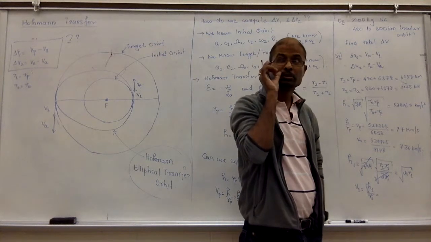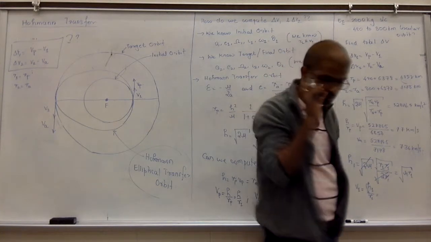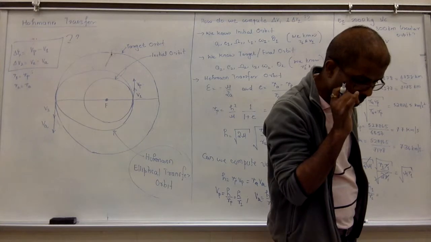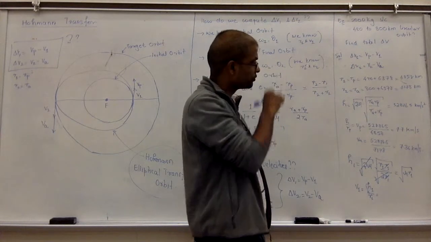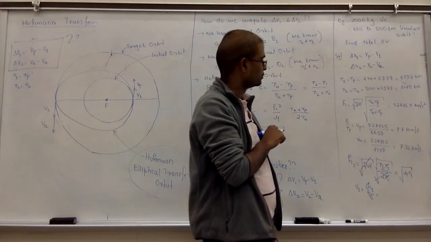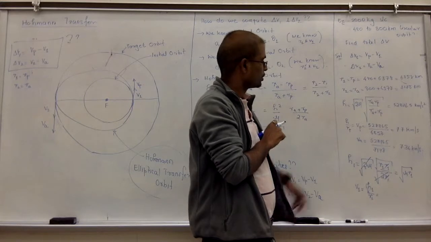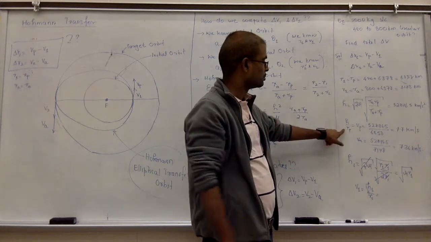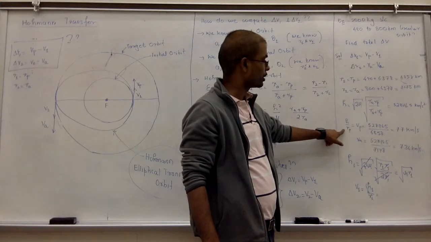So how would H over RP be kilometers, if RP is kilometers? You're right. It's kilometer square per second square.